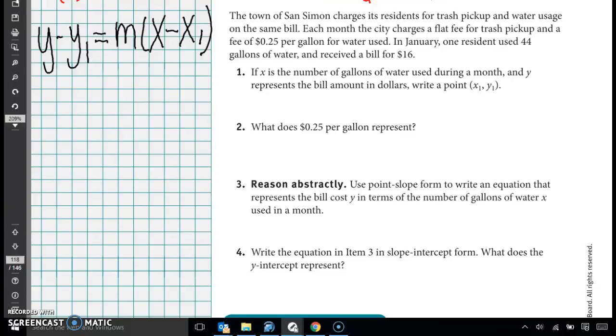So it's telling us that X is the number of gallons of water used. Do we know how many gallons the person used? Yep. And it says Y is the amount of the bill in dollars, so do we know how much they paid? Yep. So how much water did they use? 44 gallons. So our X1 is going to be 44.